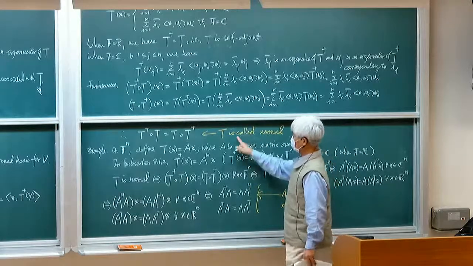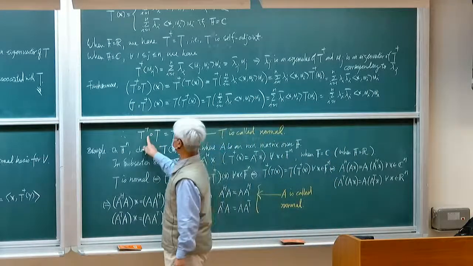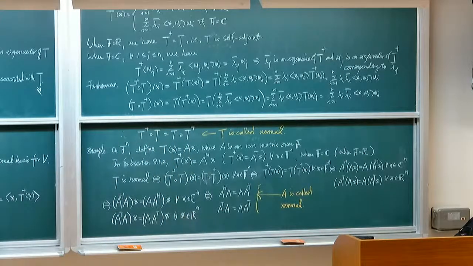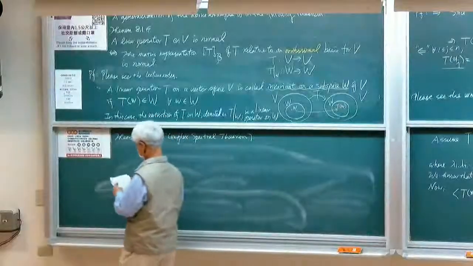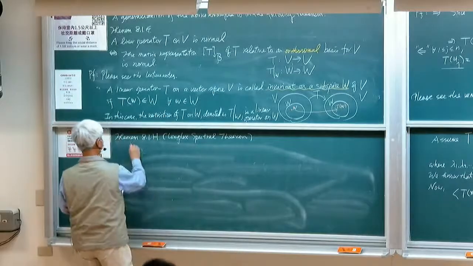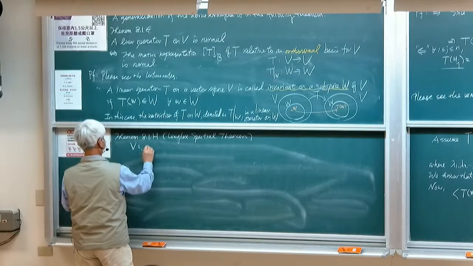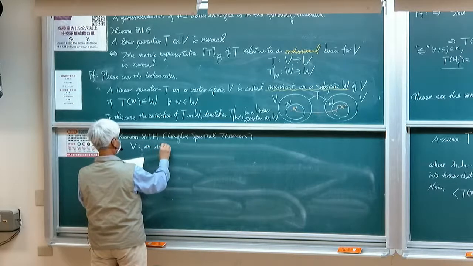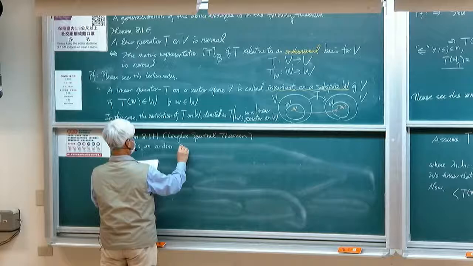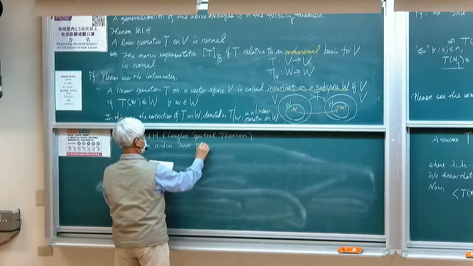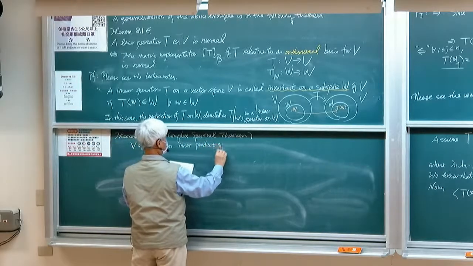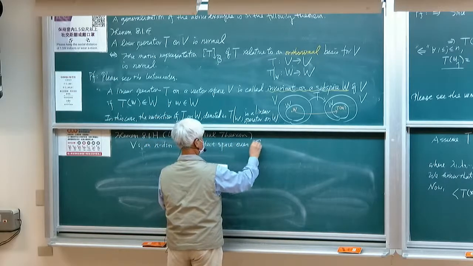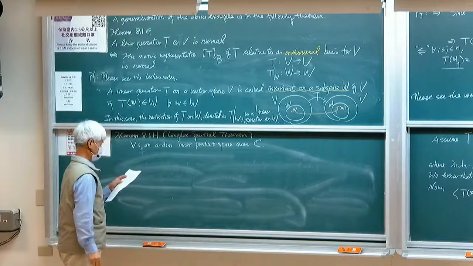So when T is normal, then T has spectral decomposition. V is an n-dimensional inner product space over C. So it's complex.